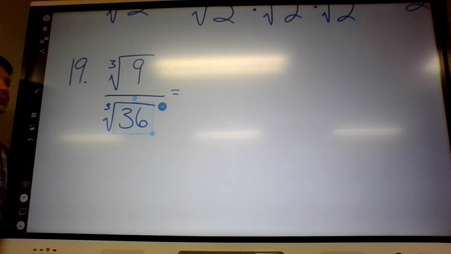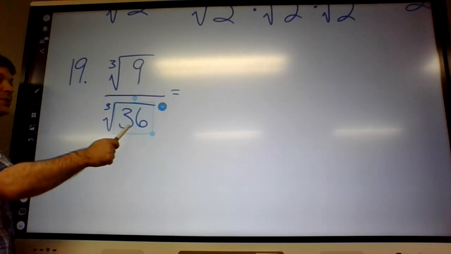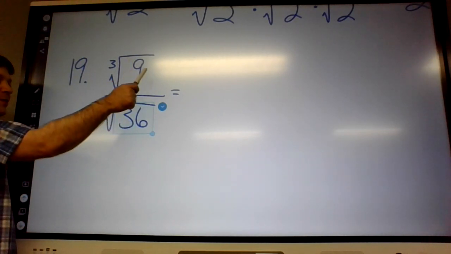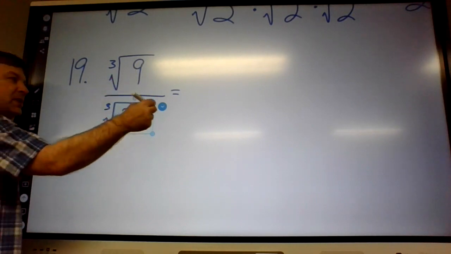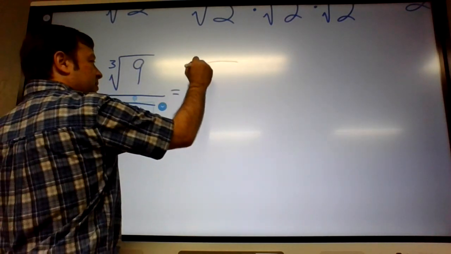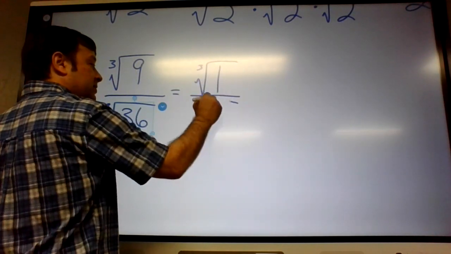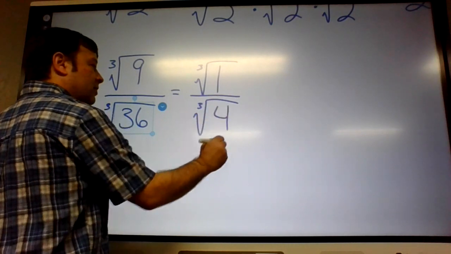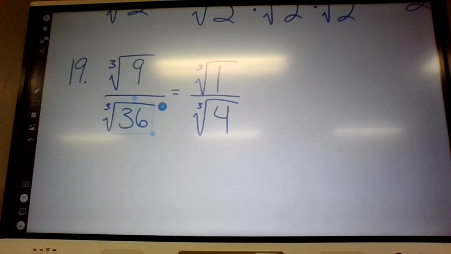Yeah, those reduce. Those are both divisible by 9. He said 9 times 4 is 36. So if we divide both of them by 9, we get 1 and 4. And if you can divide or reduce first, that's the way you're going to want to go.